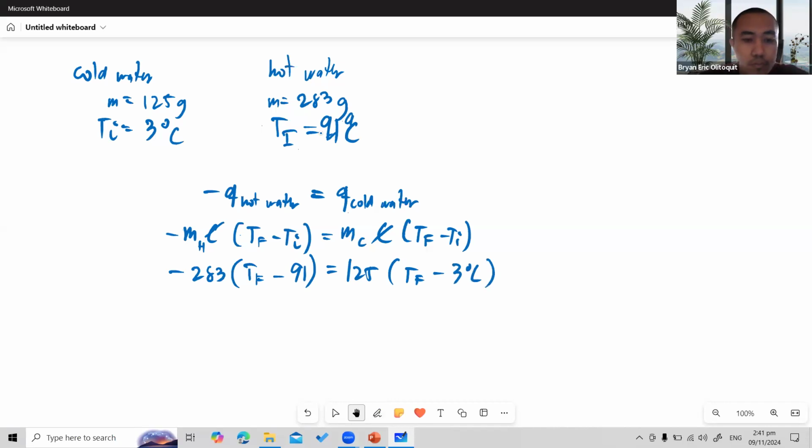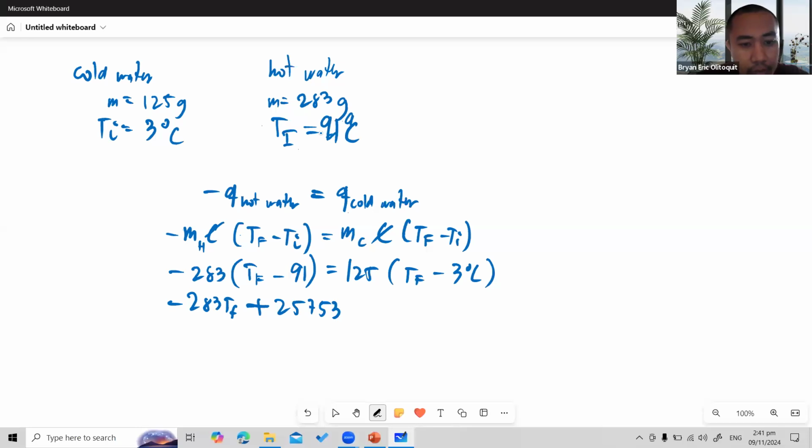So, as you can observe, pwede na natin itong i-manipulate. Pwedeng i-distribute. Kahit anong process ang gusto nyong gamitin, basta tama. 283 times 91. So, we have negative 283 TF plus 25,753.